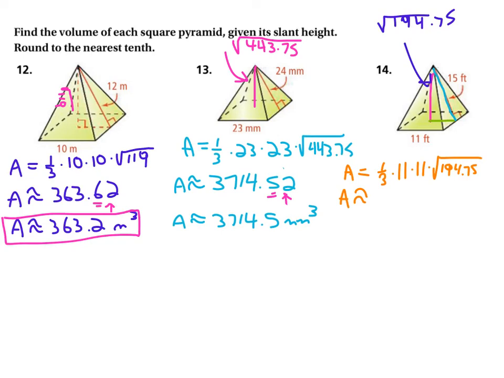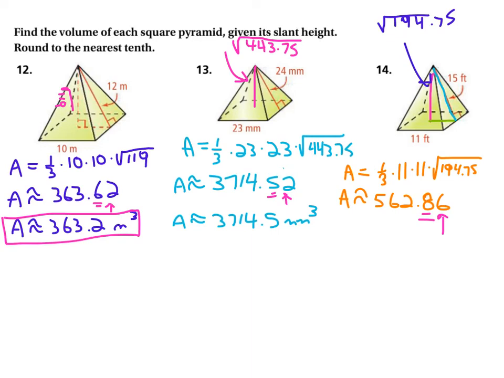So that times that times that, and I calculated 562.86, and as I've been saying, we want to round, so we are rounding to the 10th place because they said round to the 10th place.